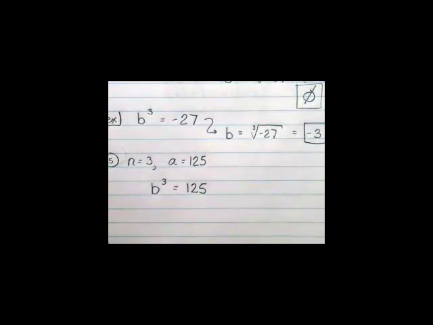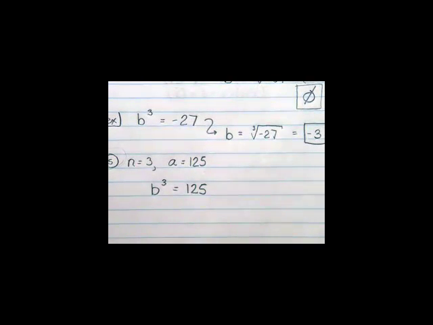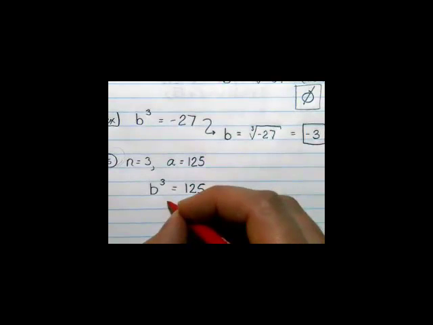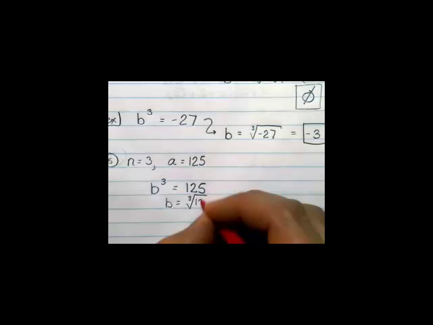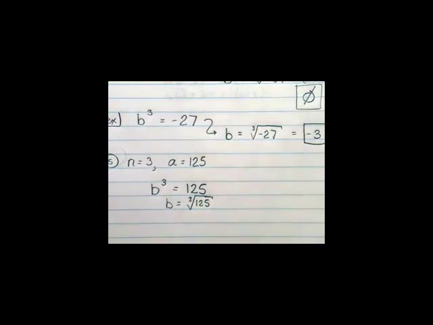So anyway, let's just solve this real quick. What number to the third power equals 125? Anybody know? 5. Good. So we could say b equals the cube root of 125, which we know is equal to 5, because 5 times 5 is 25, and then 25 times 5 is 125, so it works.